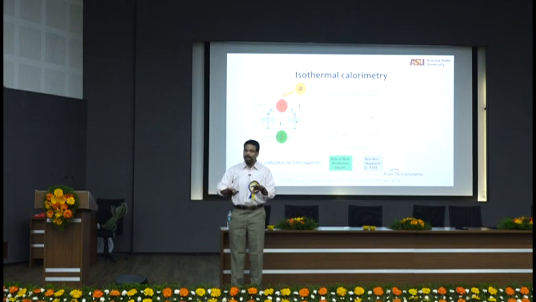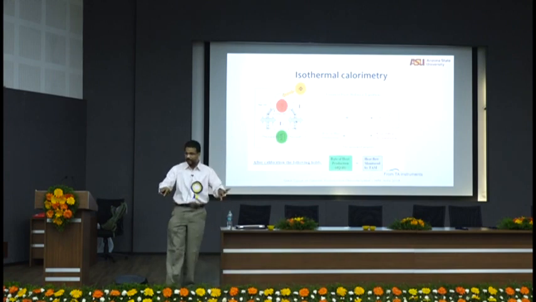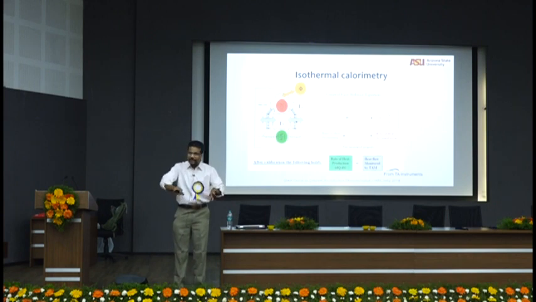If I actually measure the amount of heat that's exchanged to the outside, and I tell the outside whatever heat is coming in, I will either take off heat or give heat to keep that temperature at a constant value. Can I then know how much heat is exactly coming out? Right?